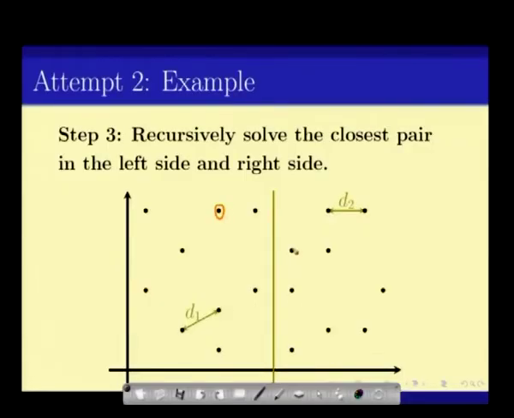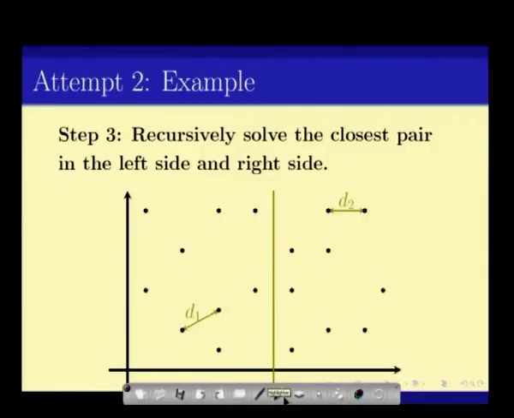And if there exists a point, say this point and this point, this pair is only interesting if their distance is less than D1 and D2. If the distance between them is greater than D1 and D2, then it is completely useless for us. So, that helps us in somewhat screening this possible set of pairs.